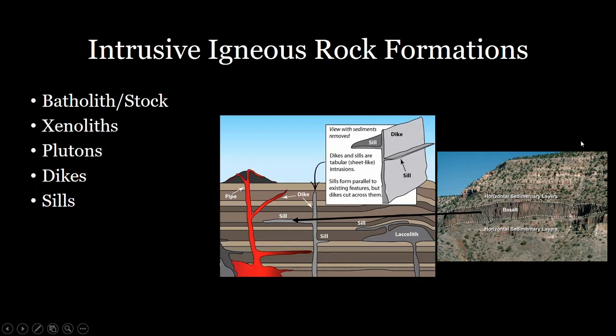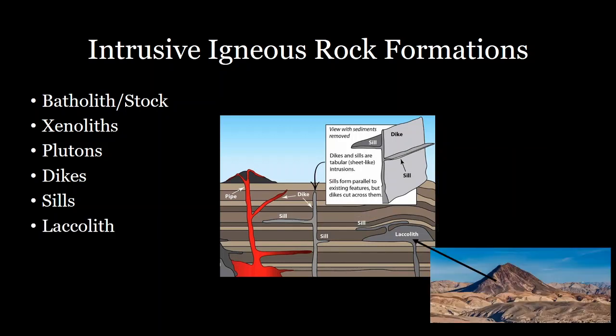On the other hand, a sill cuts into the parent material horizontally. So it follows the bedding, the layers of the rock, and it kind of inserts itself that way instead of cutting through them.